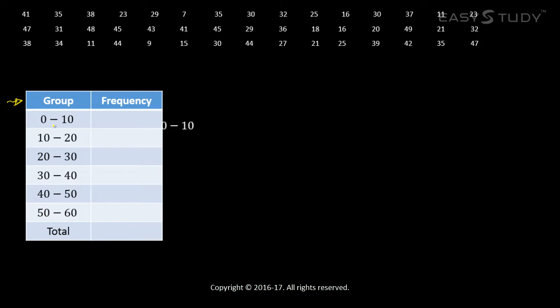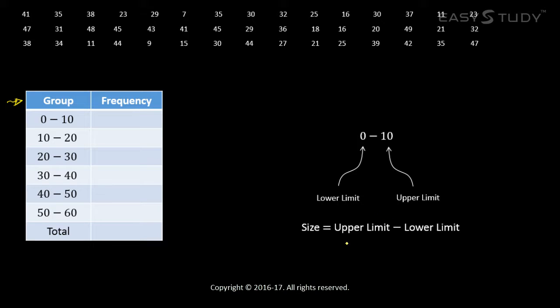The first part is the lower limit of the class interval and the second part is the upper limit of the class interval. The size of a class interval is equal to the upper limit minus the lower limit. In this case, the size of the class interval is 10. 10 minus 0 is equal to 10.